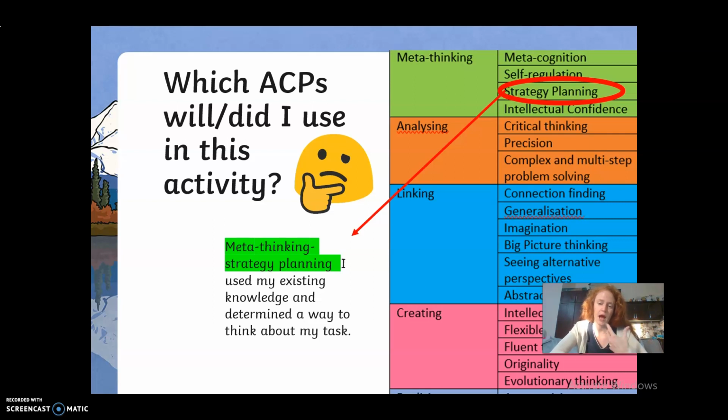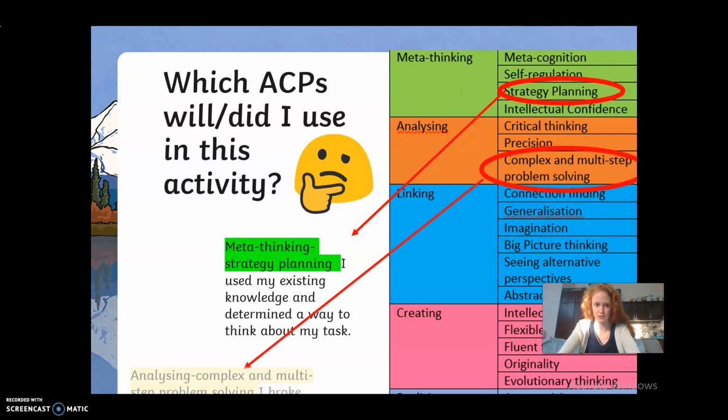So I did give you a hint. However, I would really like you to strategy plan and know what should you actually mention in each one of the columns on that worksheet. So you will be doing some strategy planning and at the same time complex and multi-step problem solving.